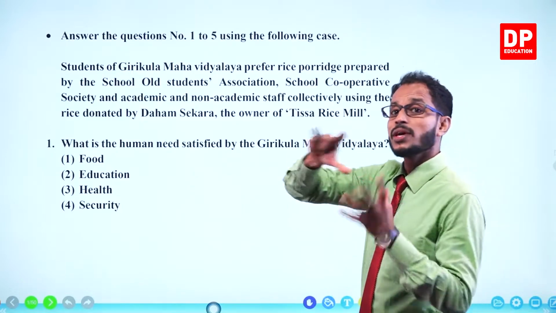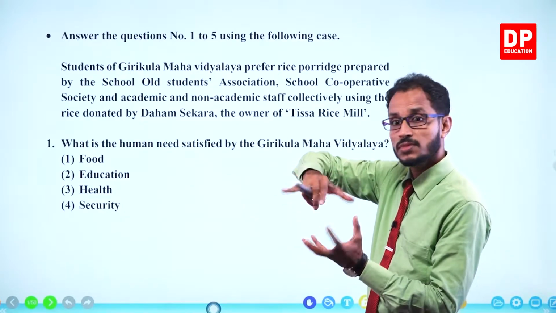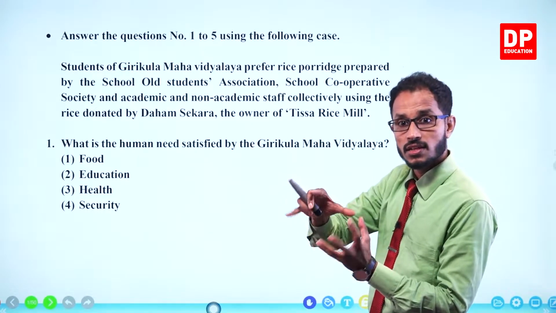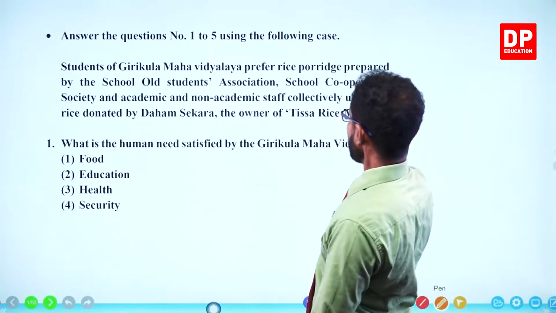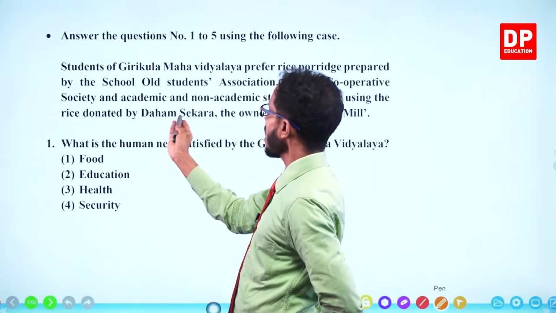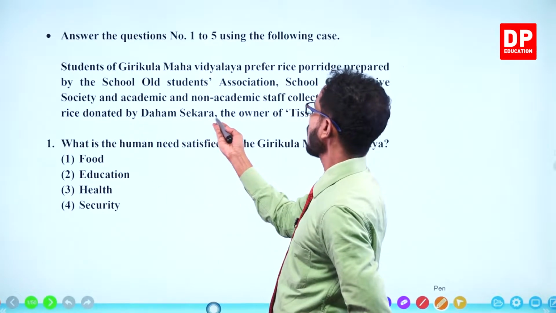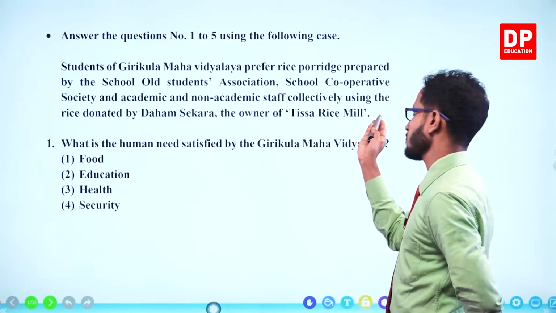They are all getting together to do this good deed. It's a very good thing for the students. Collectively, using the rice donated by Daham Sekara, owner of Tissa rice mill.